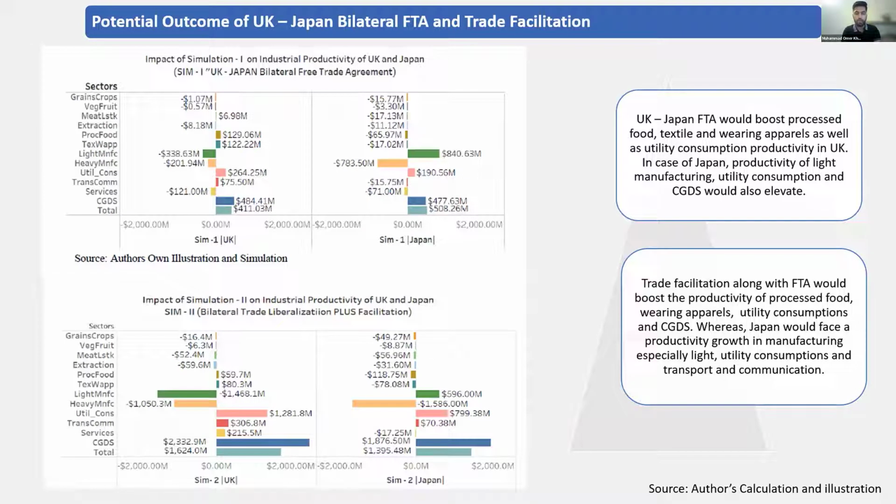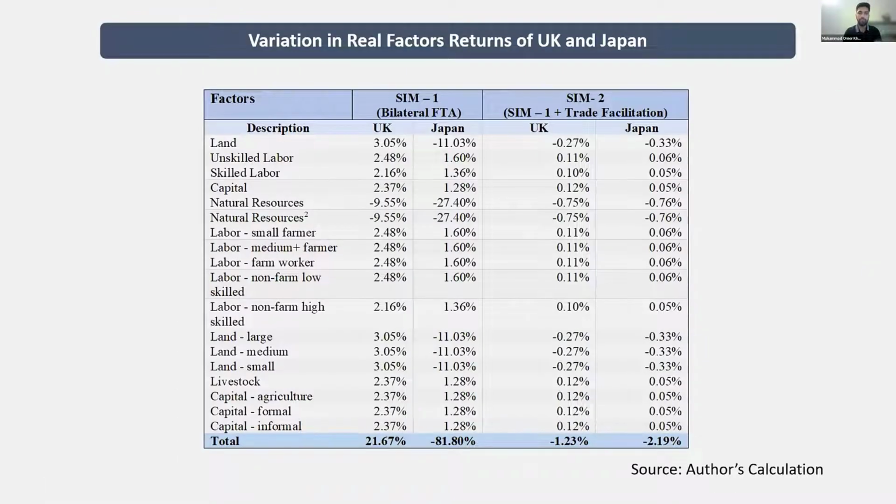Now, in case of trade facilitation along with free trade policy, it would boost the productivity of processed food, wearing apparel, utility consumption, and capital goods, whereas Japan would see productivity growth in manufacturing, especially light manufacturing, utility consumption, and transportation and communication.